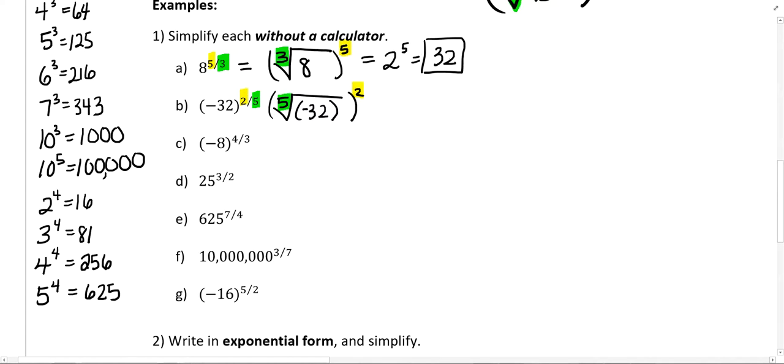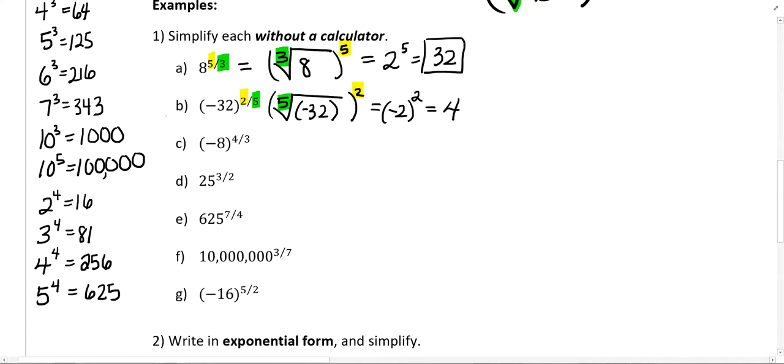Well, 2 to the 5th power is 32. But negative 2 to the 5th power is negative 32. With odd powers, the negative is okay. With even powers, that's something that's not going to work. All right, and then we're squaring it. So negative 2 squared is 4.